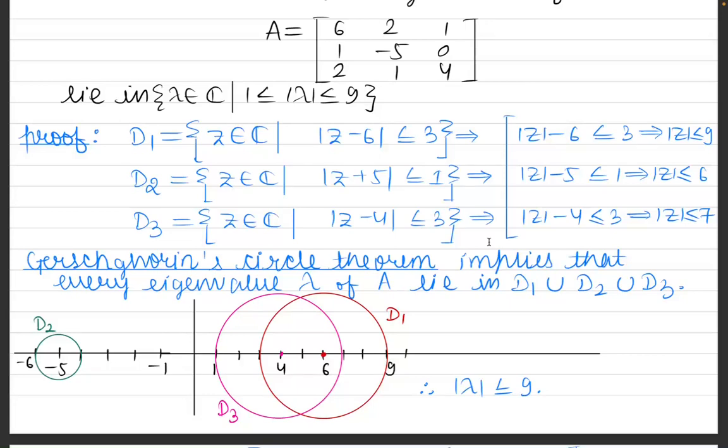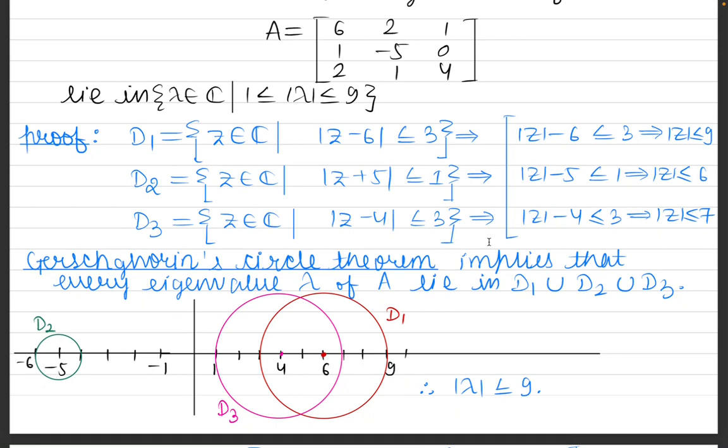Let us draw the picture again. So you have 1, 2, 3, 4, 5. You'll need some minus here also. Then you have minus 1, minus 2, minus 3, minus 4, minus 5 here.